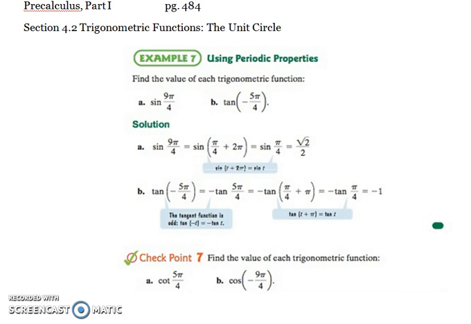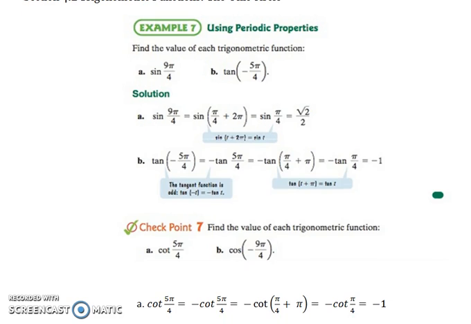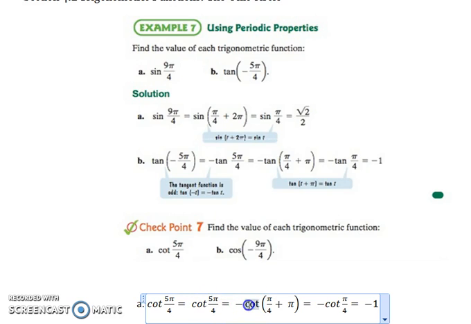Okay, and then the checkpoint, it wants cotangent of 5 pi over 4. So for cotangent, the period is also pi, so we're going to take a pi out of there. So 5 pi over 4, I have no idea why there's a negative there. It's not negative 5 pi over 4, so I'm not sure why there's a negative there.